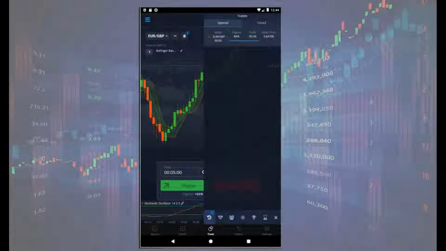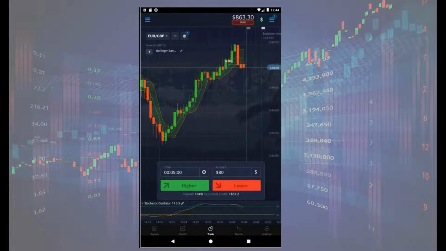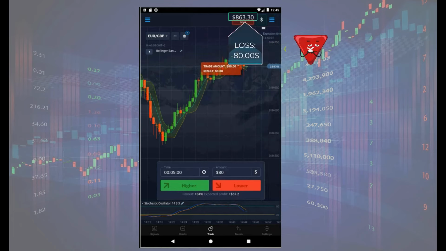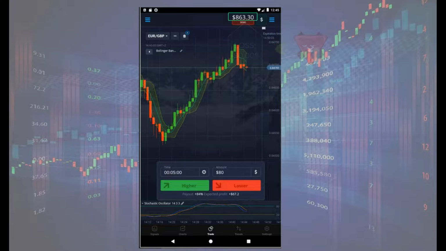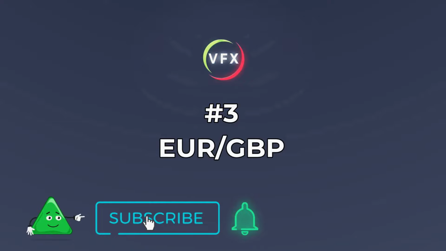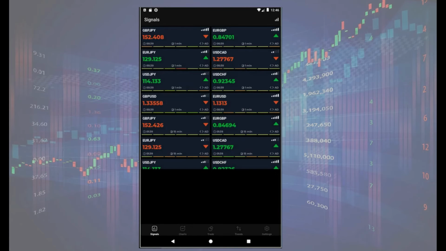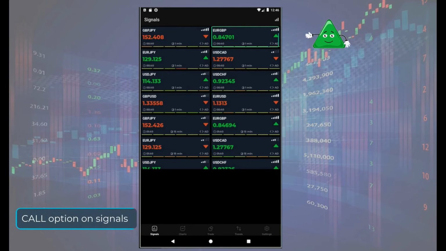Option on a cross pair, a quick rollback to profit is possible. There is still time. We are waiting for the next signal. Again, a strong signal for the euro-pound.